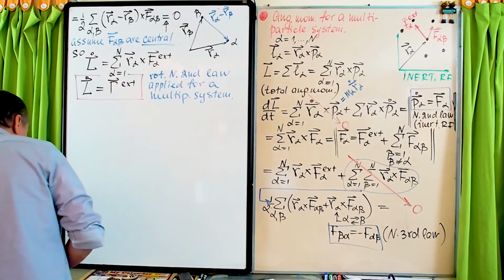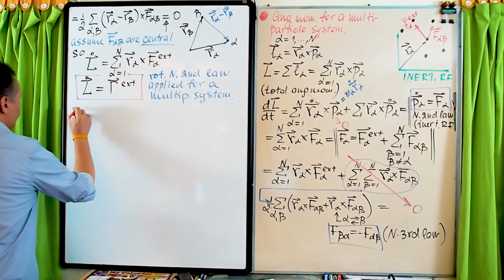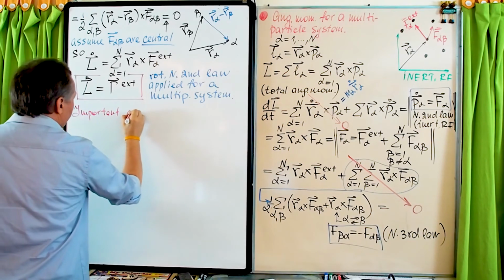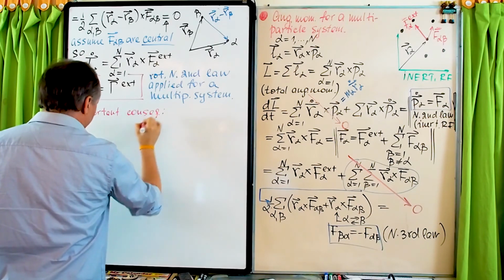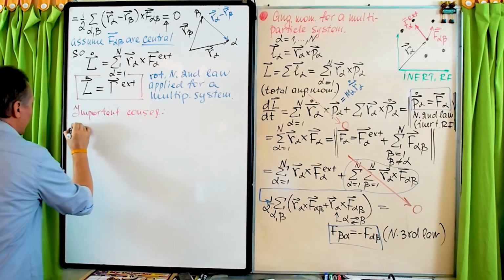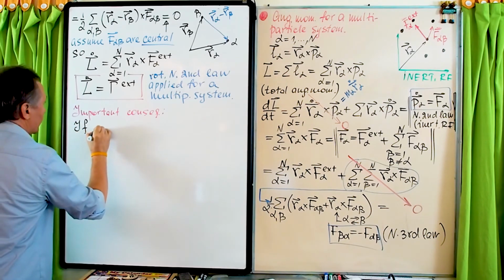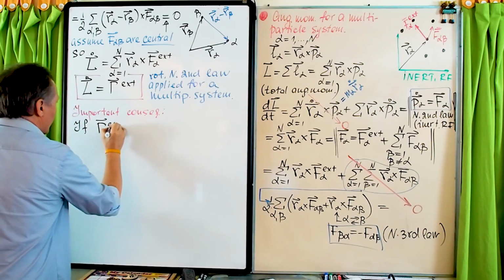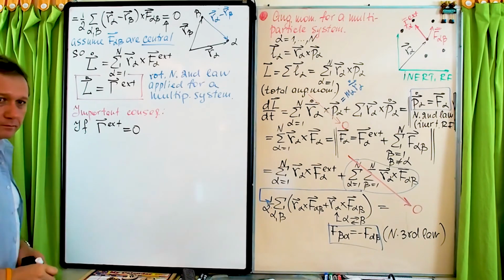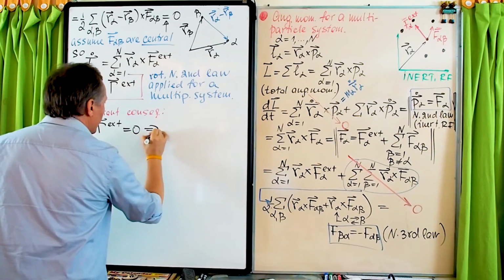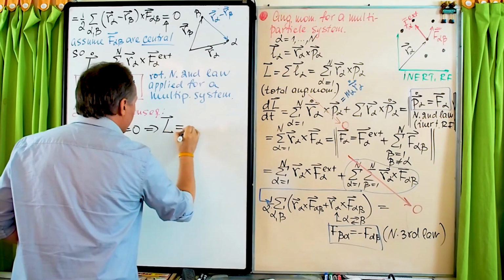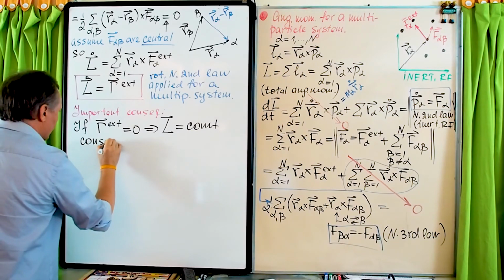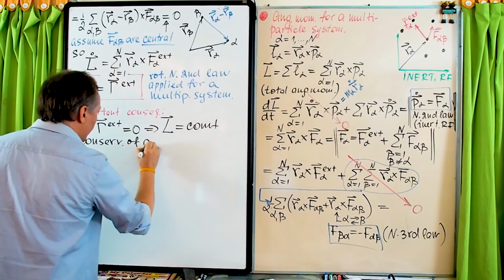An important consequence: if the net external torque equals 0, then of course the angular momentum L is constant. Conservation of angular momentum.